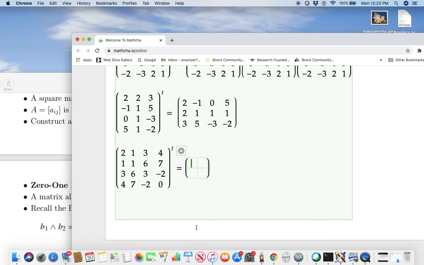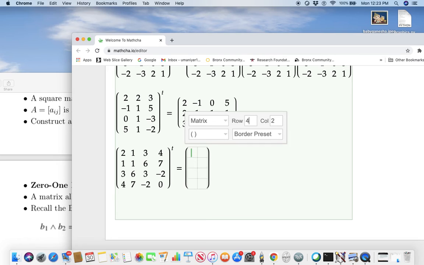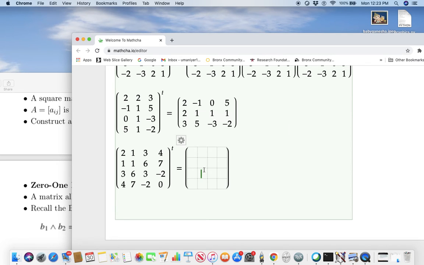The transpose will be another 4 by 4 matrix. If you recall, how do we define transpose? You take the original rows converted to columns. So I'll take my original row. First row becomes first column. Second row becomes my second column.